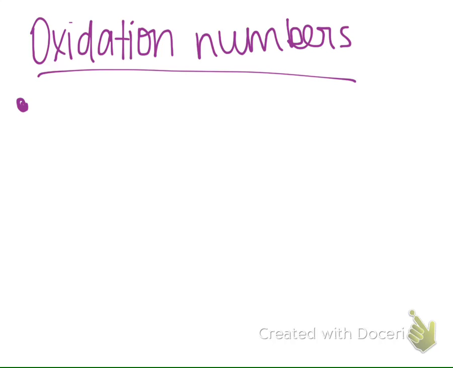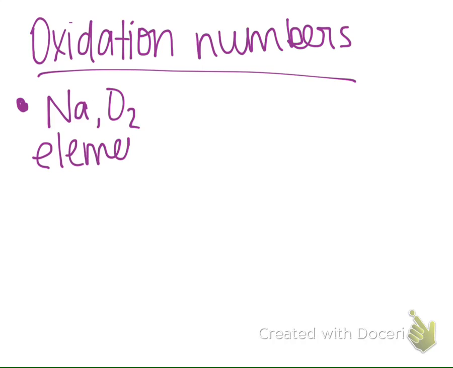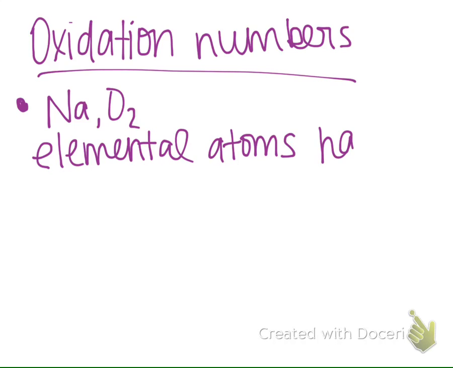If we find an element by itself within a chemical reaction, like sodium or oxygen, anything that's elemental, that's not a compound, so elemental atoms, they have an oxidation number of 0.